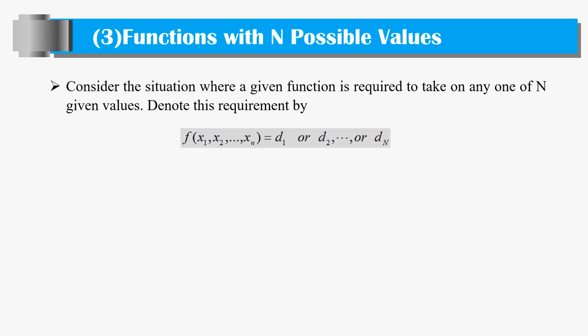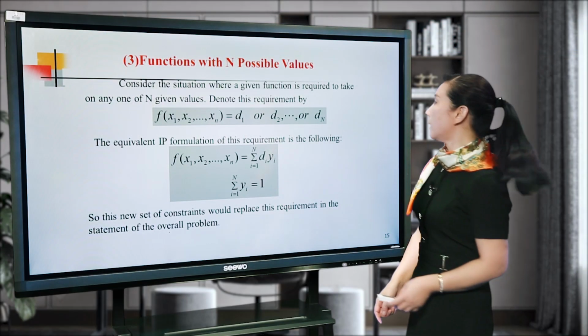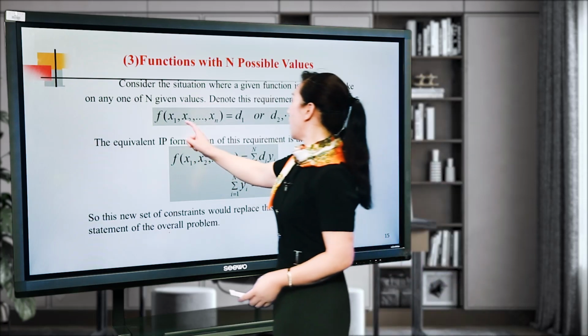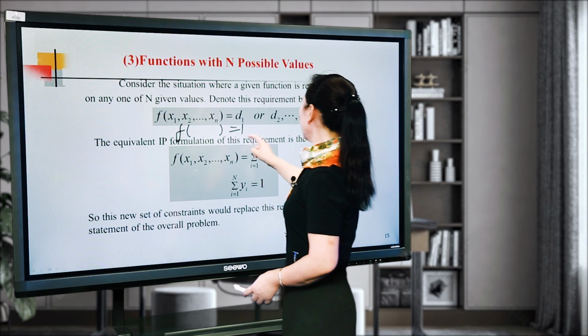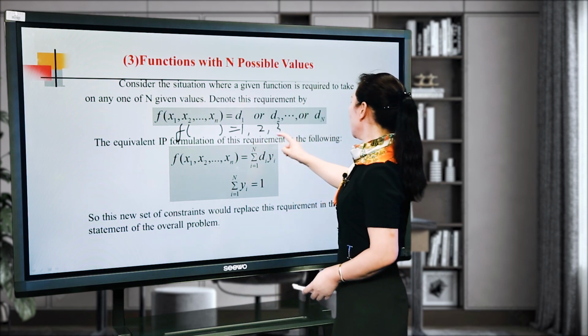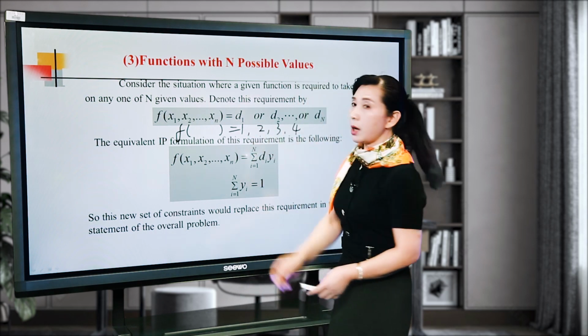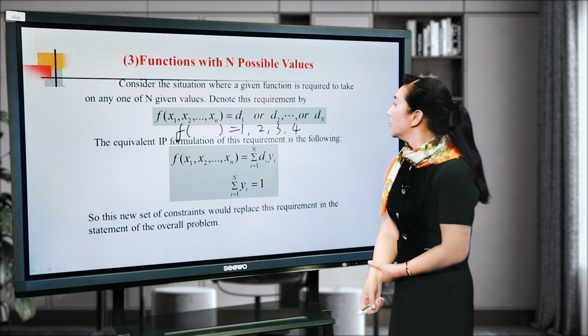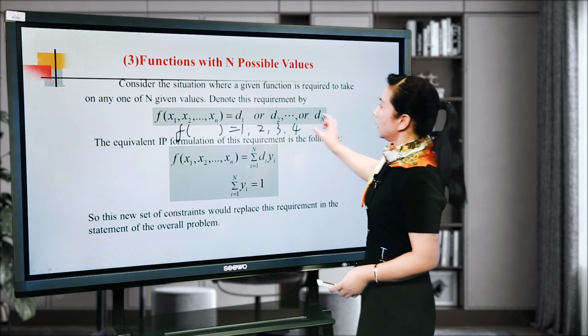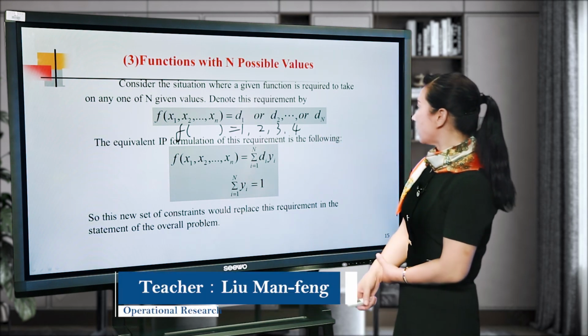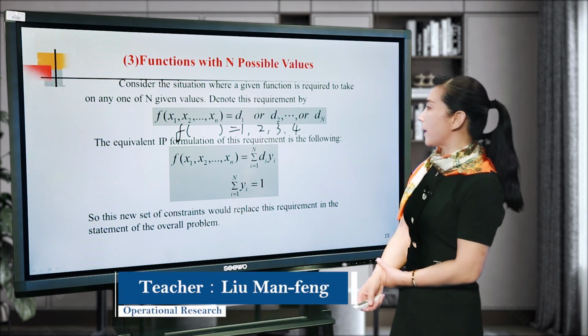That is, f of x1, x2, up to xn equals d1 or d2 or dn. For example, f equals 1, 2, 3, or 4, and so on. And this is an unusual constraint in the program.